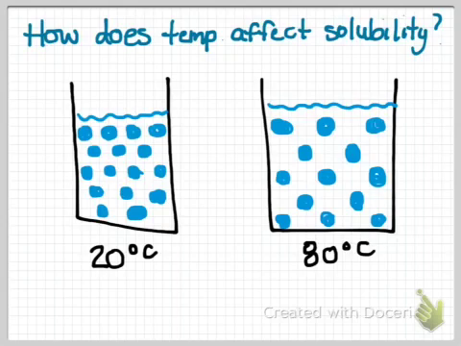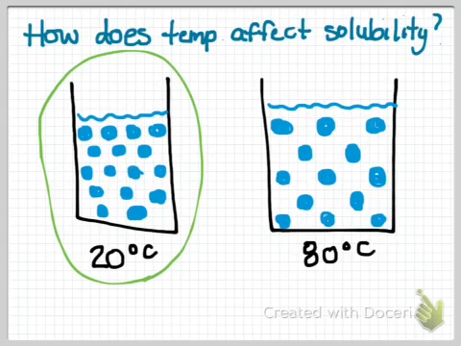If we look at the spaces between the cold, room temperature water particles, it's not that far apart. So the less space there is, the fewer particles are going to be able to fit in there. Now remember, this isn't an exact, accurate representation, but it gives you the idea.